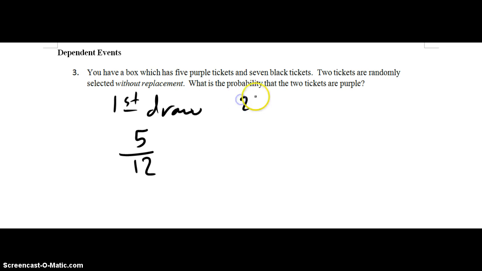So for the second draw, we're drawing tickets out of a box. The second draw, how many tickets are there left? Think about that. Yeah, there's only 11. And how many of them are purple? There's only 4 left that are purple because you already drew one that's purple here.